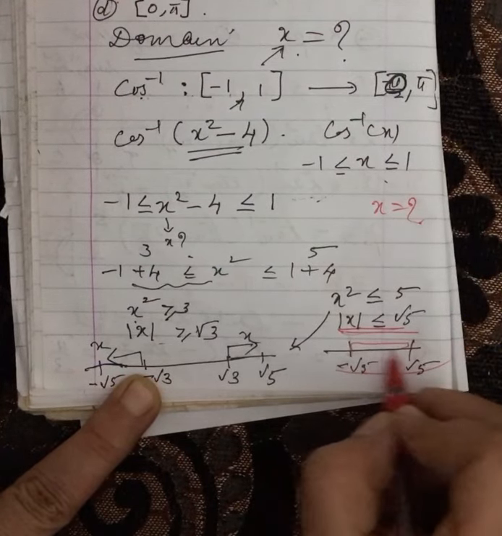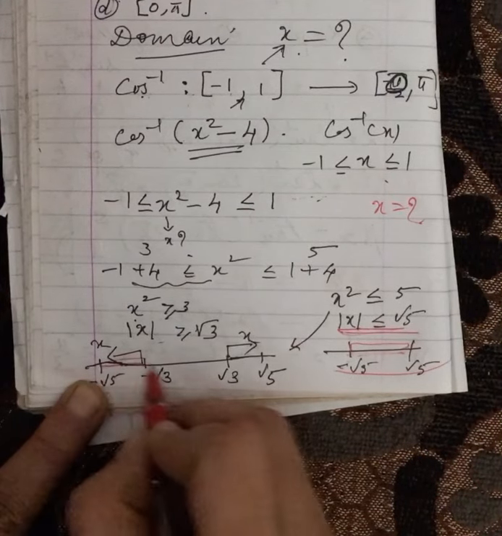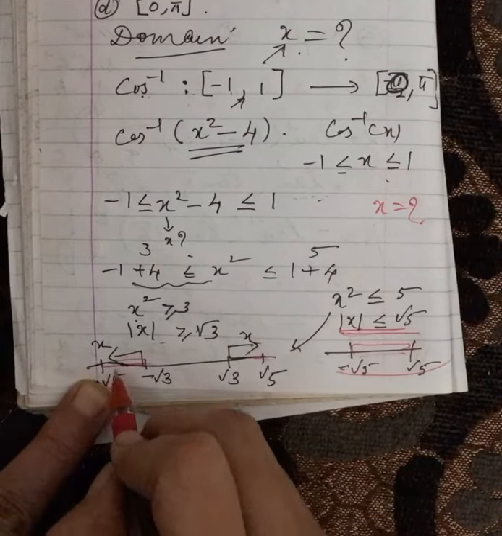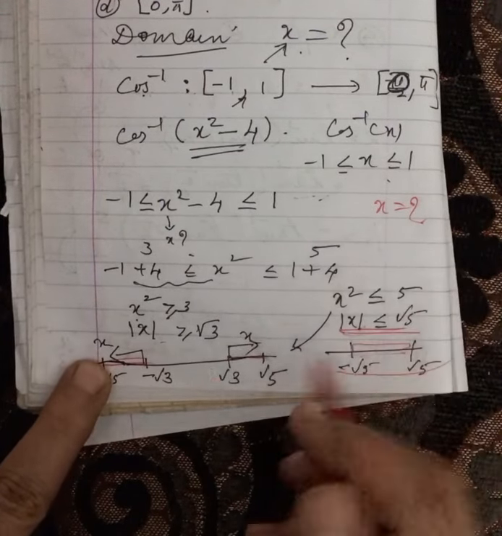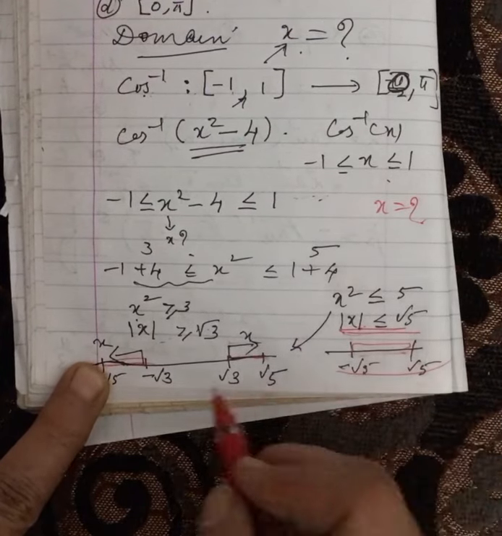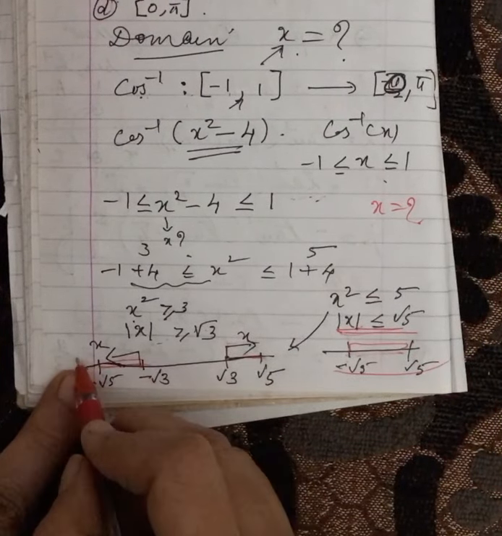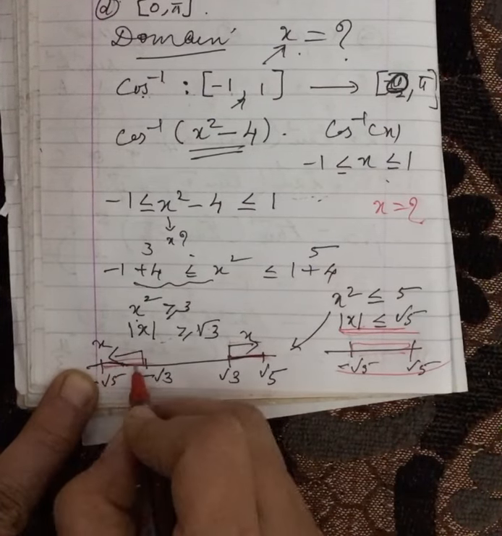So x will be within this. For the second inequality, it is from minus root 5 to plus root 5. And for the first inequality, from root 3 onwards on the right side, and from minus root 3 onwards on the left. So combining these two, you will get these two intervals.